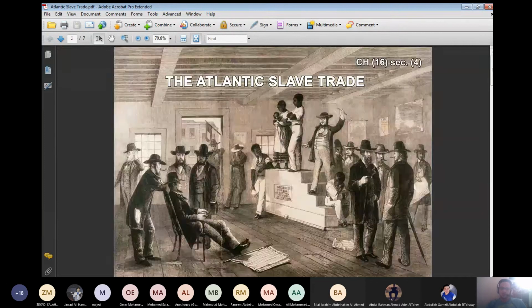Once they reached the newly discovered land, they were sold in auctions. Of course, the European trader will get a document, a contract, that this slave is their own personal property.